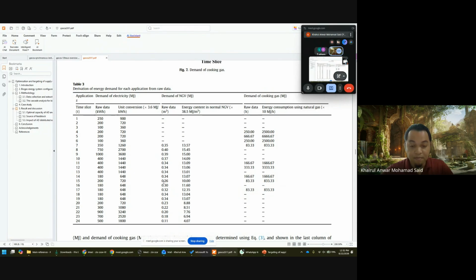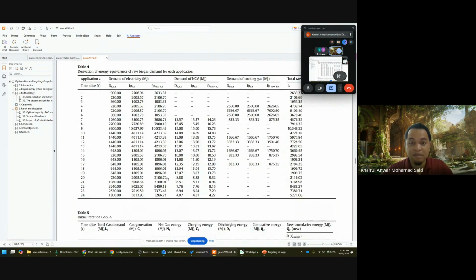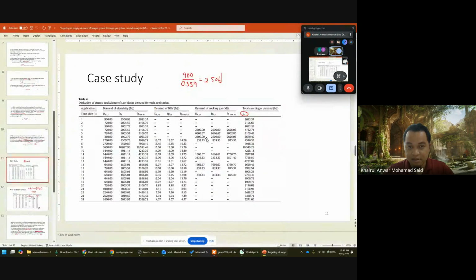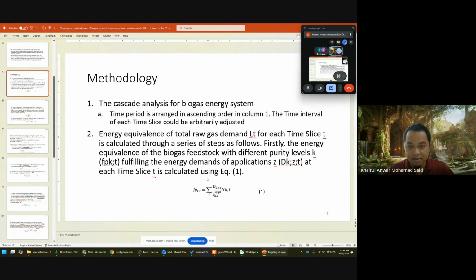So the first methodology is to prepare this table. Now you know where to get the D. FP is based on equation 1. Where do we get FP applied?